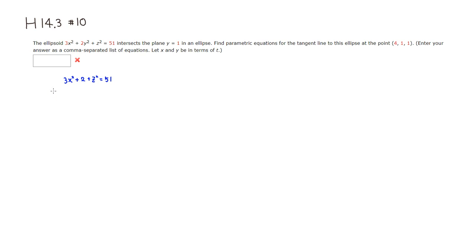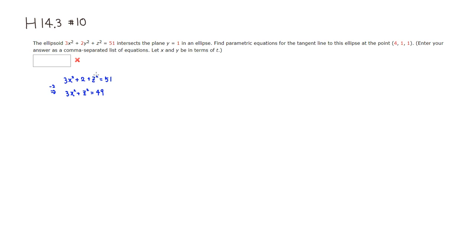Then I'm going to go ahead and subtract 2 so it looks a little bit better. So you have 3x squared plus z squared is equal to 49. Then we want to know the slope of it.